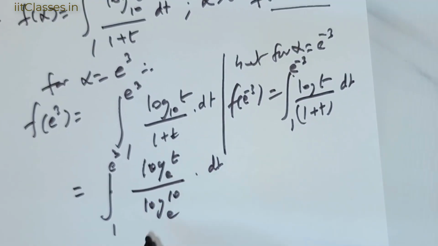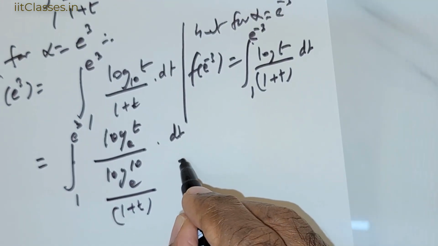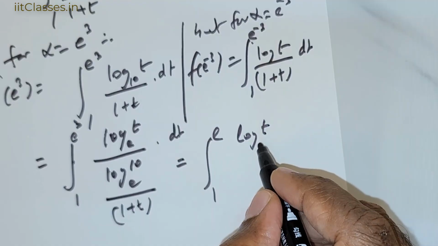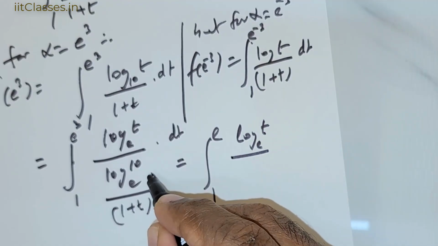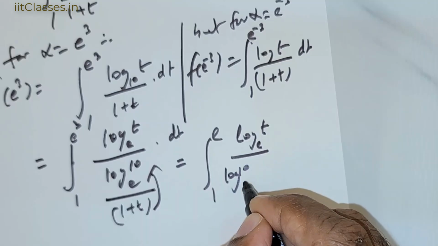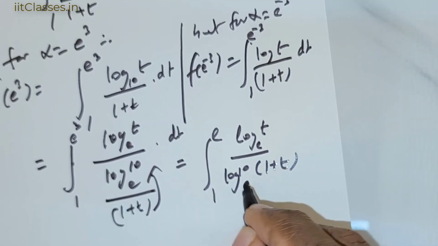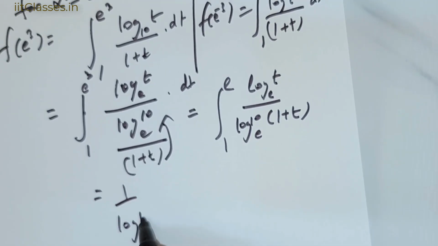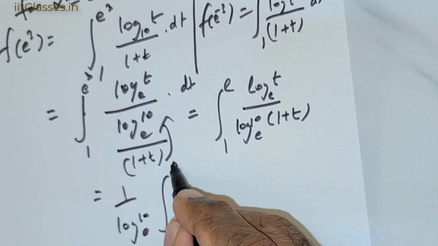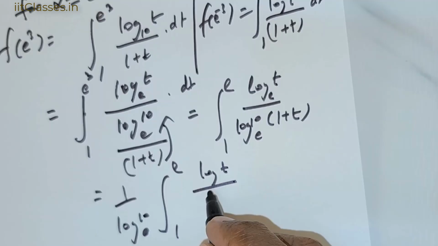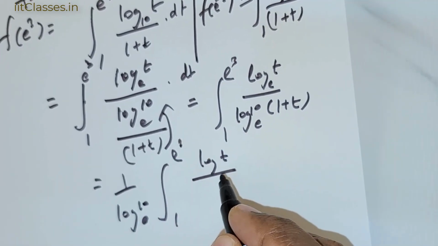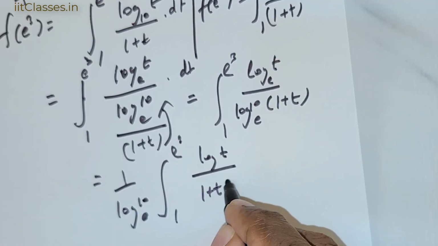Now this has a denominator 1 plus t. So this is rewritten as the integral from 1 to e raised to the power of 3 of log t to the base e divided by 1 plus t. This is a constant, so I can take log 10 to the base e out.